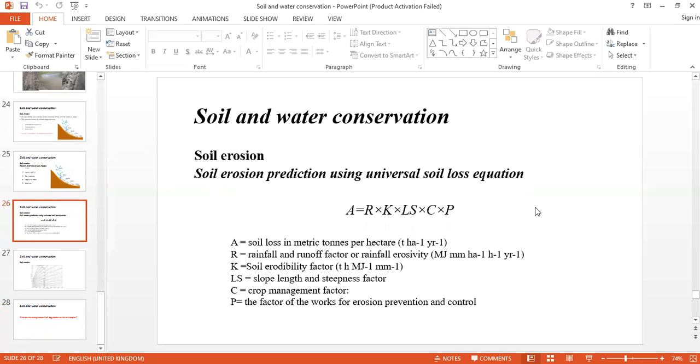Tomorrow we'll go into the second unit, which is soil conservation. Basically we'll be looking at the measures which we can put in place to prevent erosion, compaction, and crusting. So I think we'll end here for today.